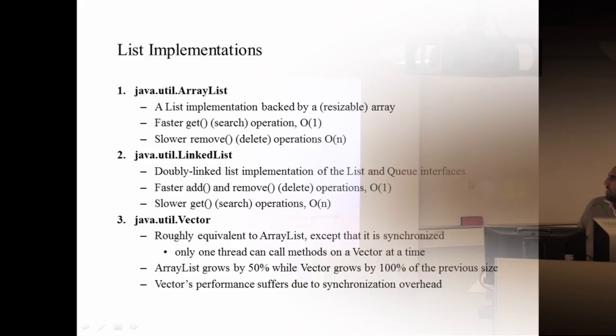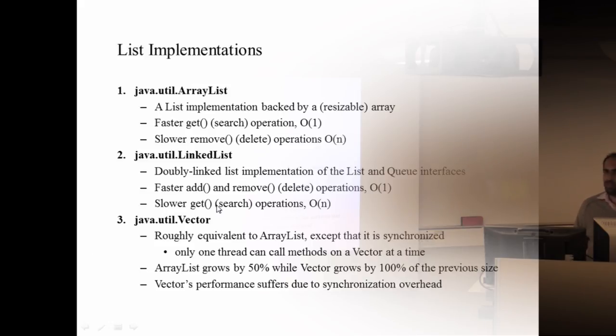But the LinkedList has a slower get operation. Why? Its performance depends on the number of elements added into that collection. The reason is that the ArrayList uses an index, and you can use the index to find that value quite quickly.